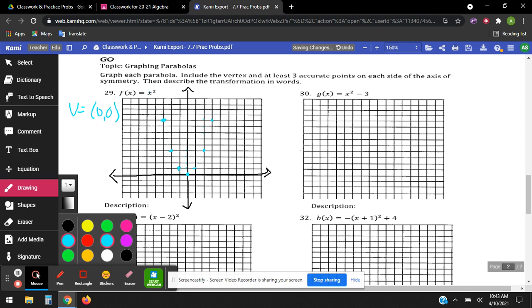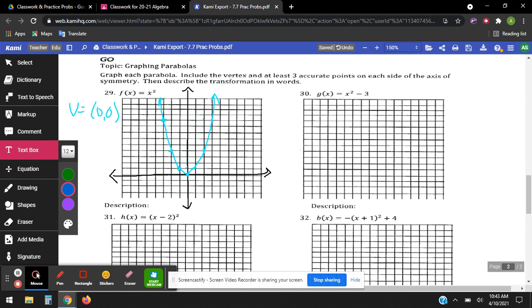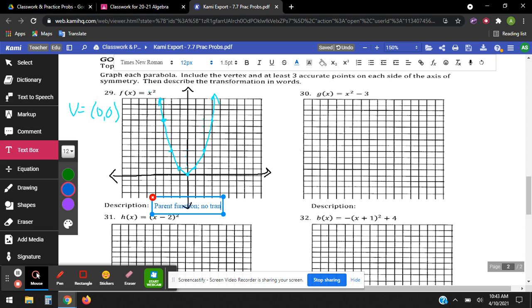And we have at least 3 points on each side. We counted by ones. There we go. And our description is, we'll call it a parent function, because there's no transformations. This is the one we compare everything to. This is our starting function.